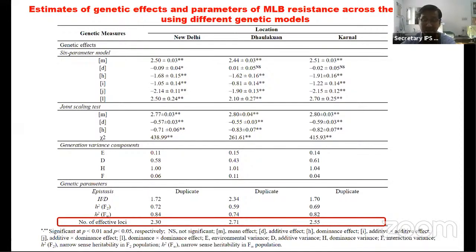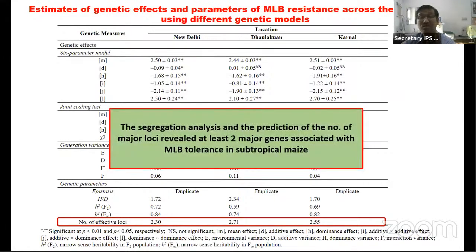Among the epistatic interactions, dominance was found positive and significant across the 3 locations. And further, dominance genes affected across the test locations, which indicated the presence of duplicate genes. So here you can see that the segregation analysis and the prediction of the number of major loci revealed at least 2 major genes associated with MLB tolerance in subtropical maize of India.